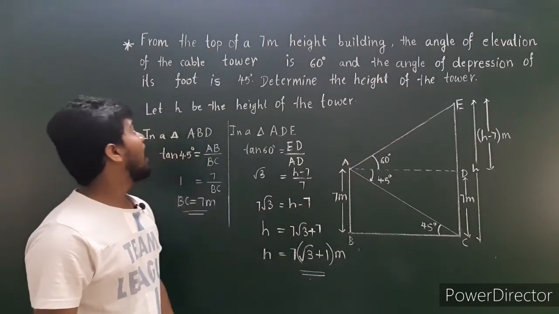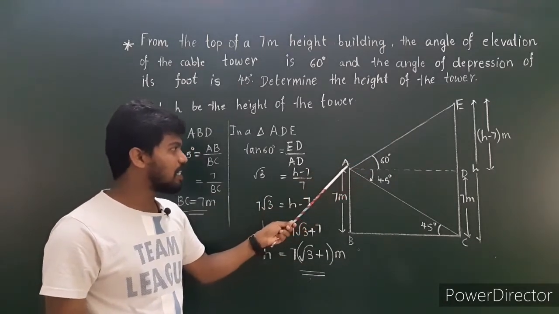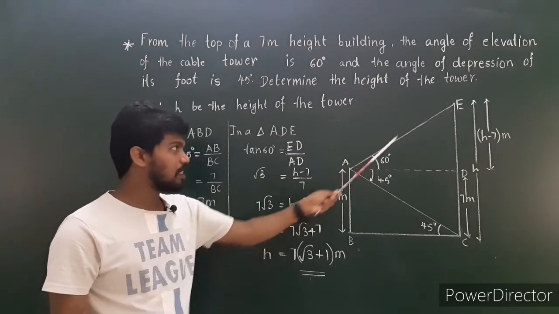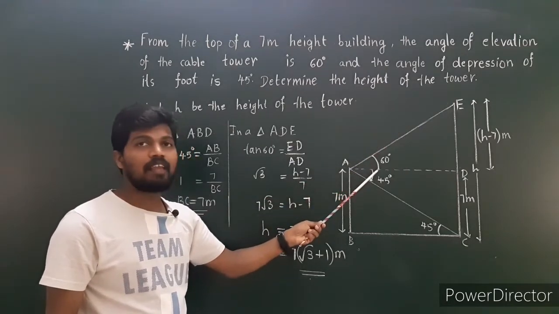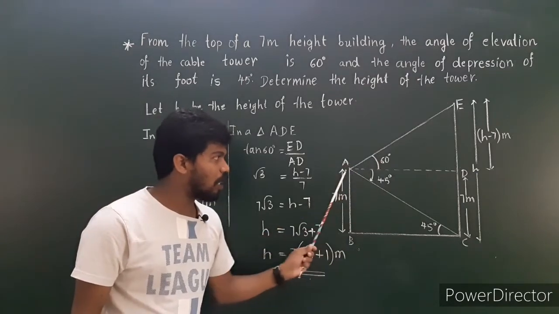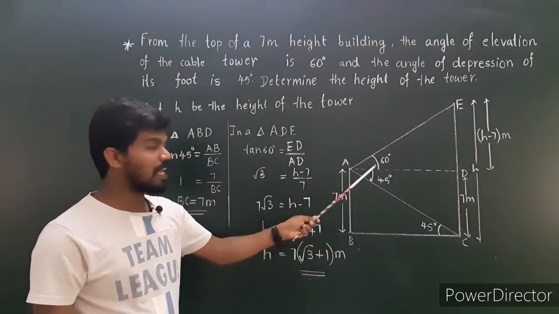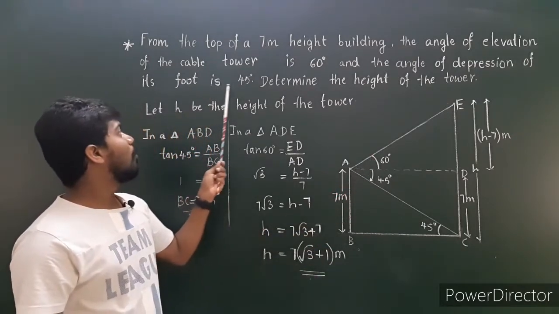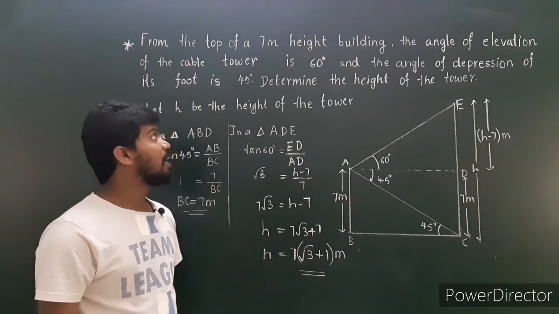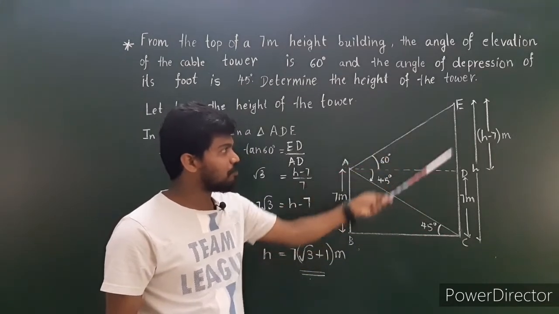So the angle of elevation of the cable tower is 60 degrees. So the boy is standing at place A and he is seeing upward. You get the angle of elevation, that is 60 degrees. And the angle of depression, now that boy is looking down to the foot of the tower, so you get the angle of depression is 45 degrees. We have to find the height of the tower, EC.